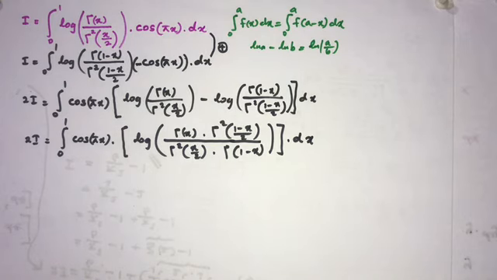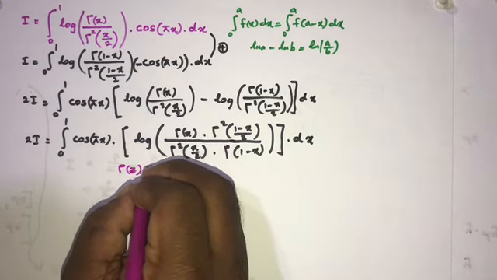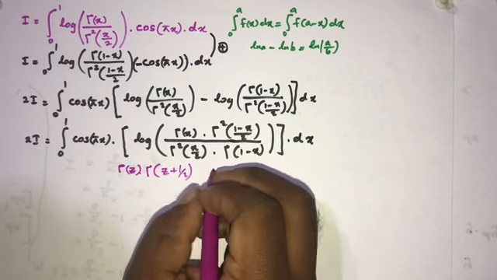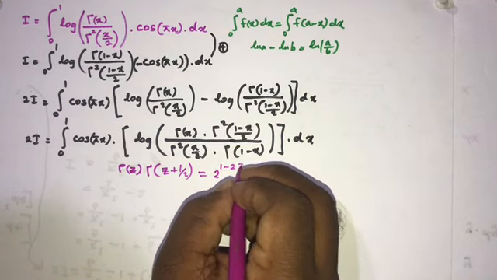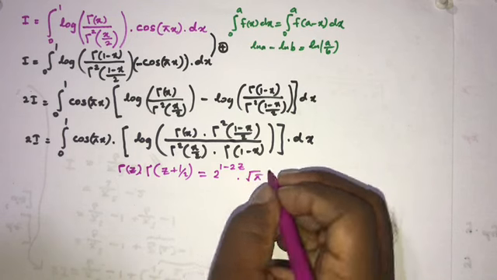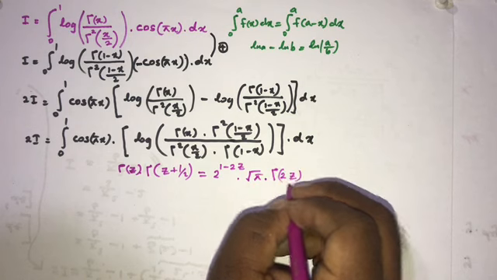Okay, now we know the duplication formula for the gamma function. So what is the formula? We know gamma of c times gamma of c plus 1 half is equal to 2 raised to the 1 minus 2c, times square root of pi, times gamma of 2c.